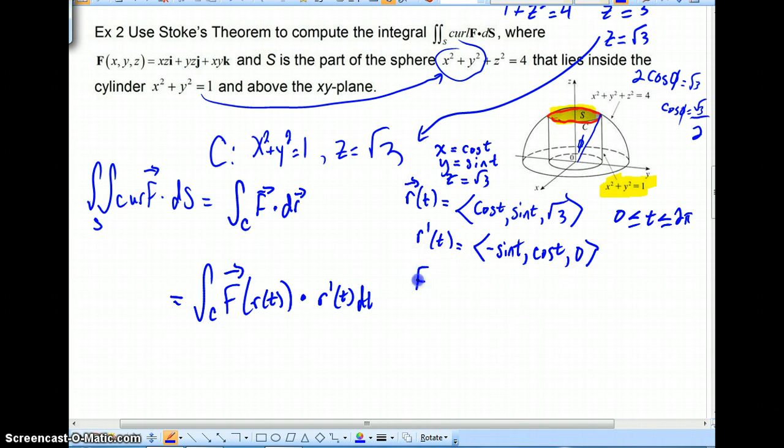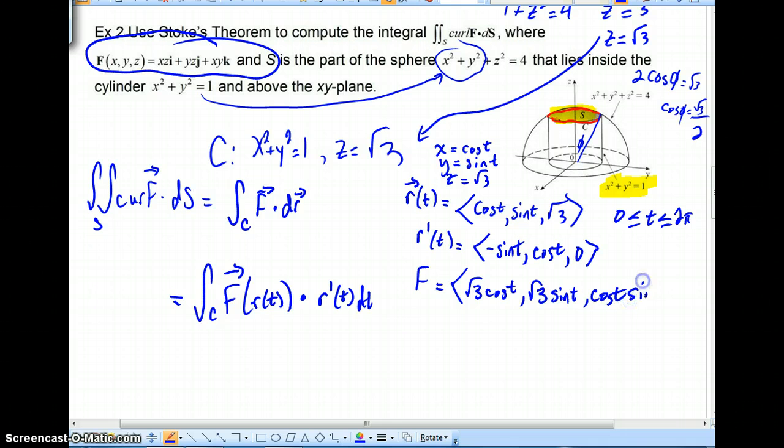As we look at F itself, notice that we're not going to have to evaluate the curl right now. Parameterizing this, we have xz for our i component. xz would be cosine of t times radical 3, or just bringing that radical 3 out in front, we'd have it just as so. What about our j component? y times z. Well, we have sine of t for y. Again, z is radical 3, so we'd have radical 3 sine of t. And then for our k component, we have x times y, so that's cosine of t sine of t.